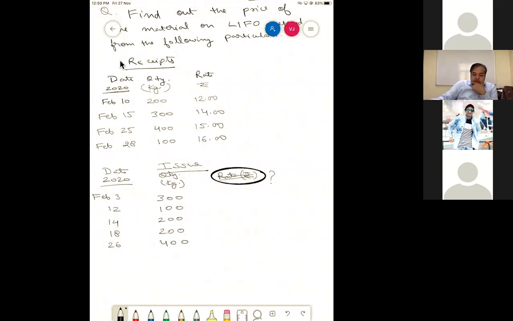Some further information is given. On 1st February 2020, the opening stock was 400 kg, valued at rupees 11 per kg.